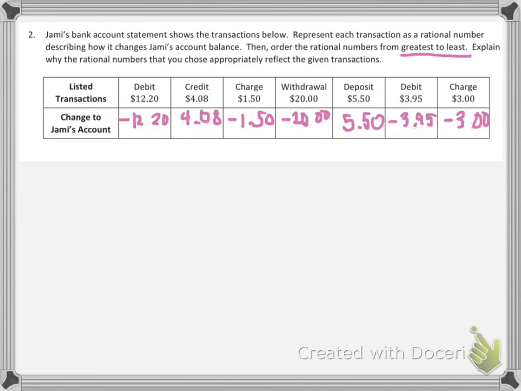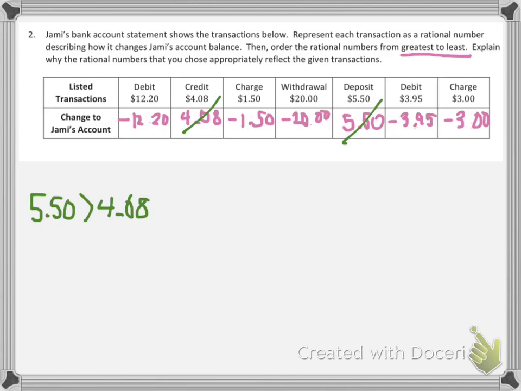So greatest to least, I need my biggest number, which is going to be positive, obviously. So looks like 5.50. So I'm going to go 5.50 is greater than. My next positive number is 4.08. And that's all of the positives.